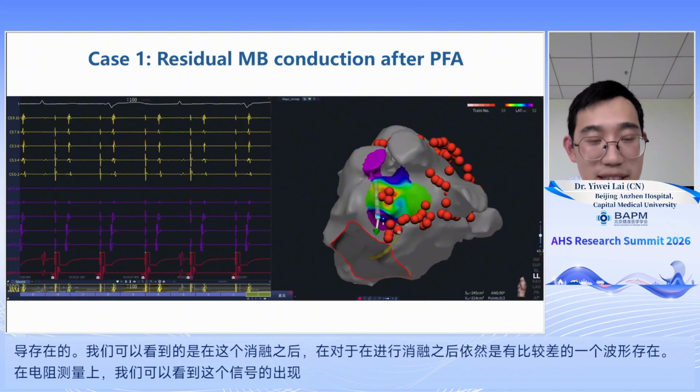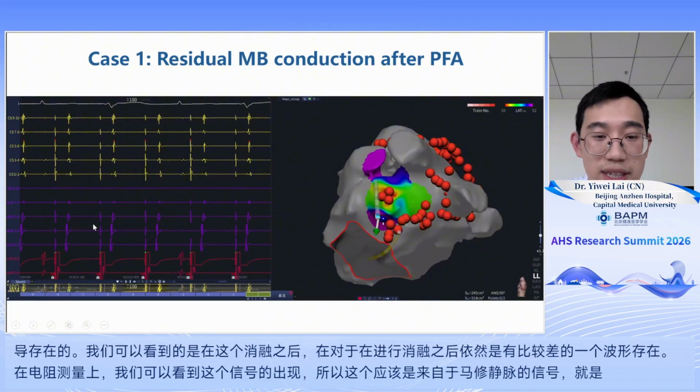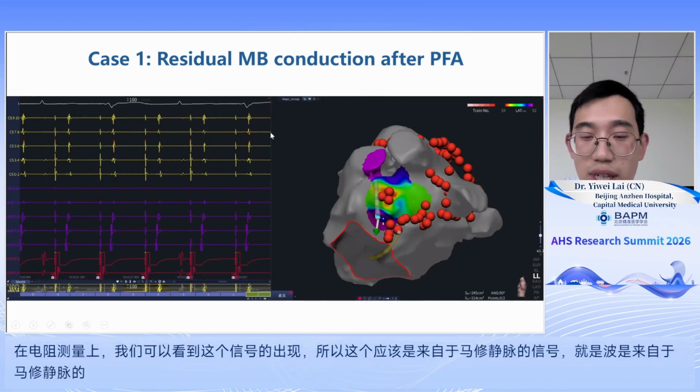And as we can see from the angiography, the vein in this patient is relatively parallel with the coronary sinus. So we suppose that this potential comes from the vein of Marshall, and it is from the reversed proximal activation. Not surprisingly, if we insert a microelectrode into the vein of Marshall, the reversed proximal activation indicates a residual epicardial involvement.